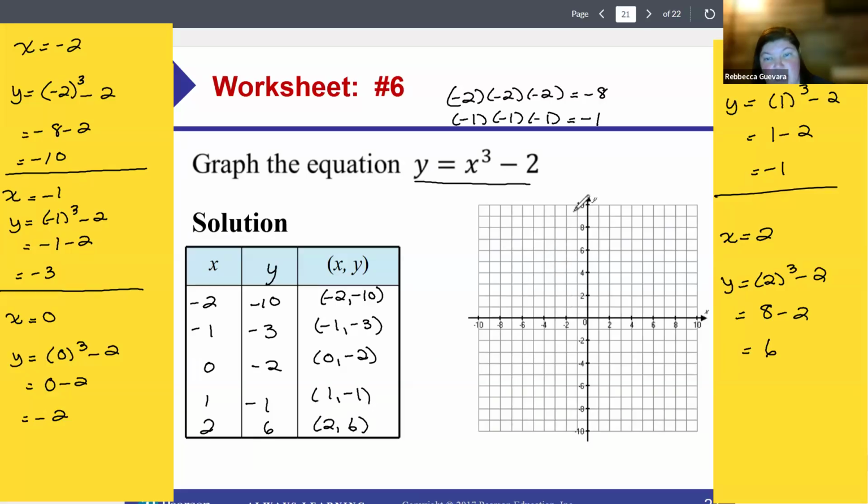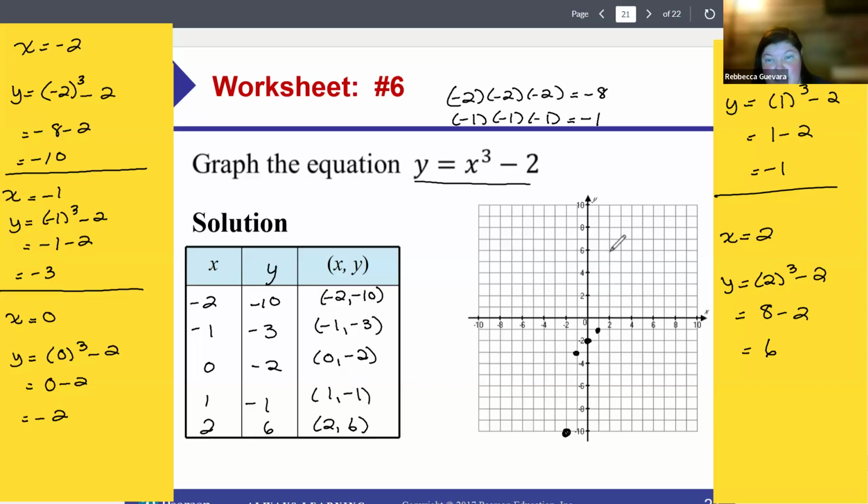So those points, negative 2, 10. Negative 1, negative 3. Oh, sorry, I had that wrong place. Negative 2, negative 10. Negative 1, negative 3. 0, negative 2. 1, negative 1.